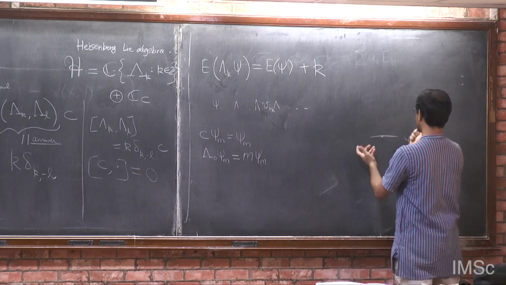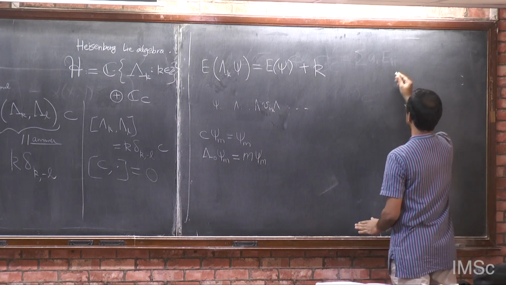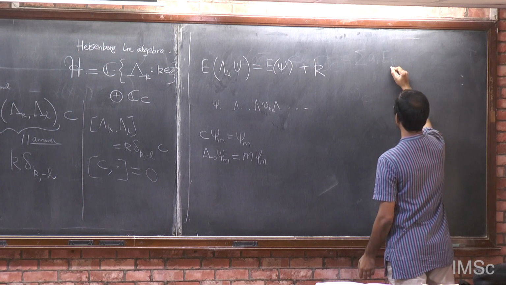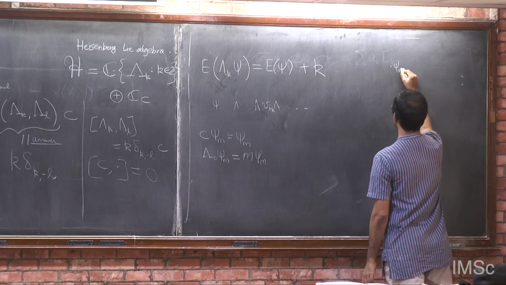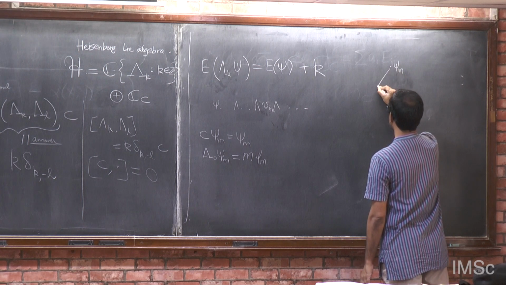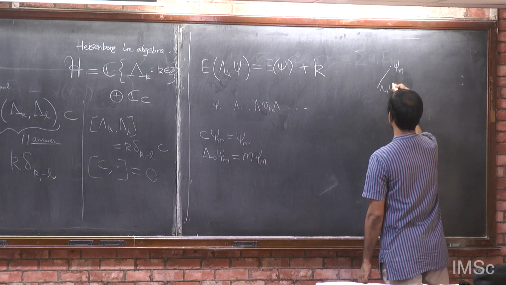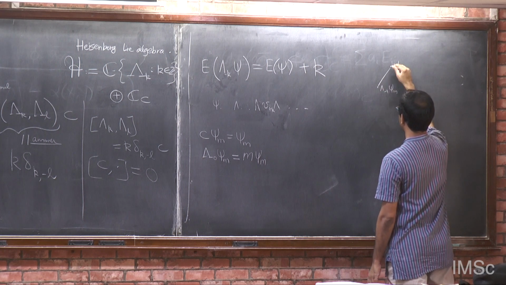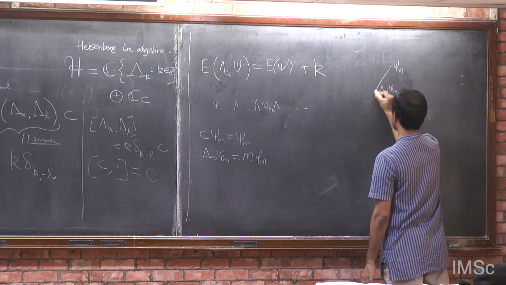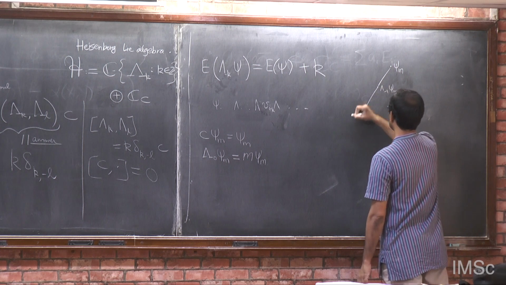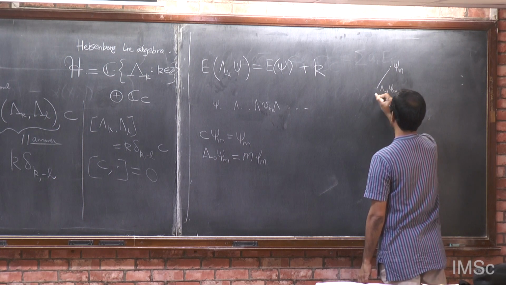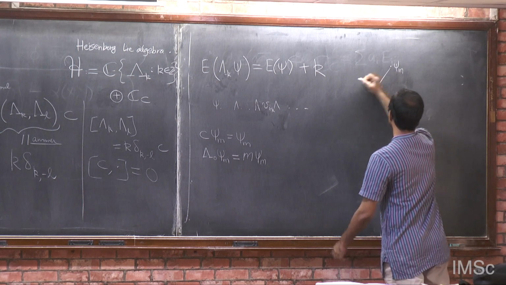You start with this vector psi m. I'm more accustomed to drawing it from the top. So this is psi m, and then you just keep acting on it by lambda minus 1. So lambda minus 1 psi m will have energy one more than this, and then in the next level there will be lambda minus 2. Sorry.